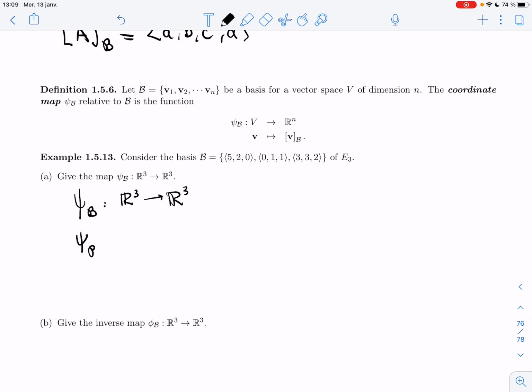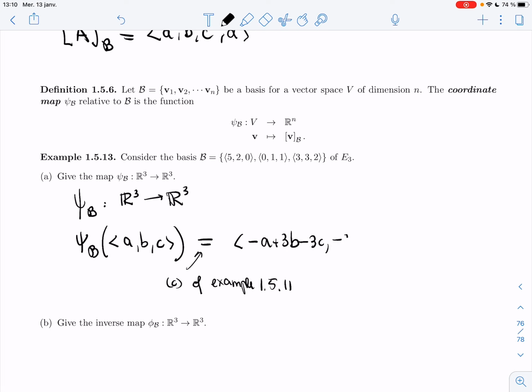So phi B sends the elements a, b, c, from part C of example 1.5.11, to minus a plus 3b minus 3c, minus 4a plus 10b minus 9c, and then 2a minus 5b plus 5c.